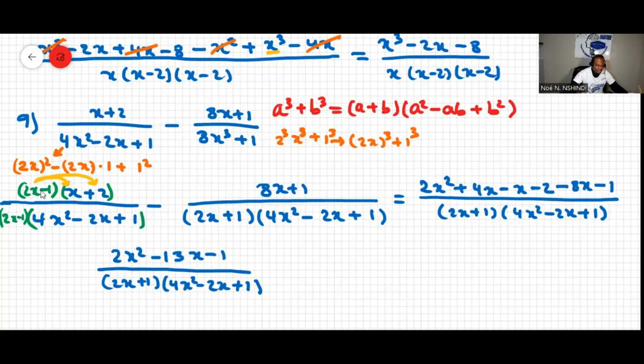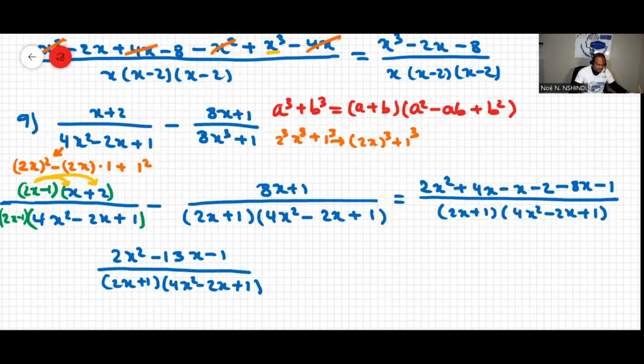Let me double check. 2x times x makes 2x squared. 2x times 2 makes 4x, and negative 1 times x makes negative x, and negative 1 times 2 makes negative 2, and then negative 8, and then negative 1. That's right. Then 4x minus x makes 3x, 3x minus 8x makes negative 5x instead.